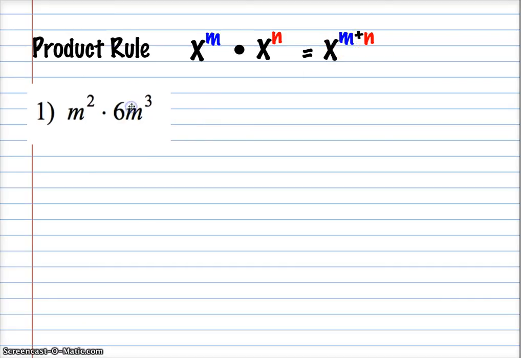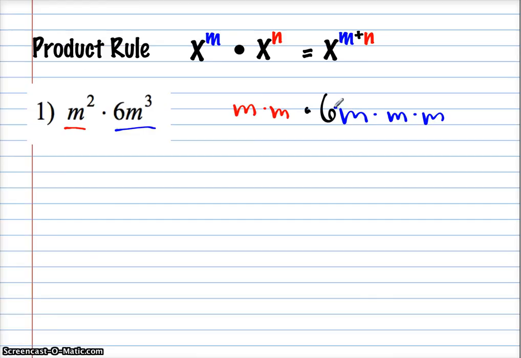I'm going to explain this rule using the expanded form first. I'll do this first term in red, which can be explained as m times m, and we're going to multiply that times 6 times 3 m's. There's only one 6 there, and there are 3 m's: m times m times m.